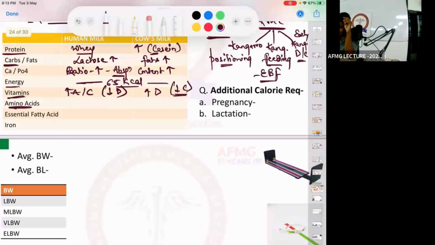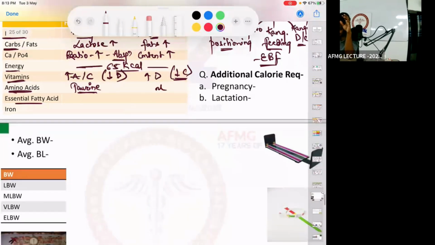The amino acid present in human milk is taurine, and taurine is responsible for neurological development. The other amino acid can be cysteine also. It also has methionine. No issue.